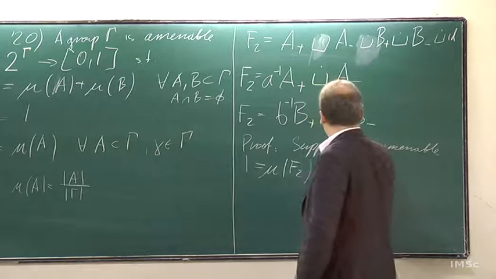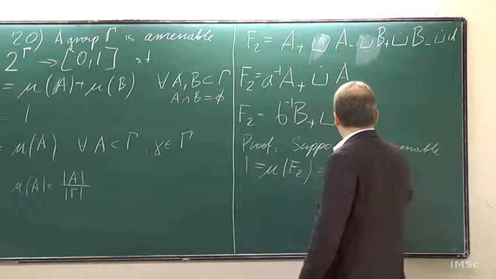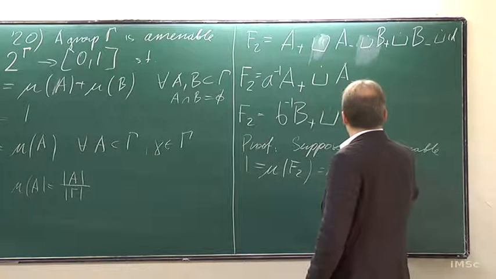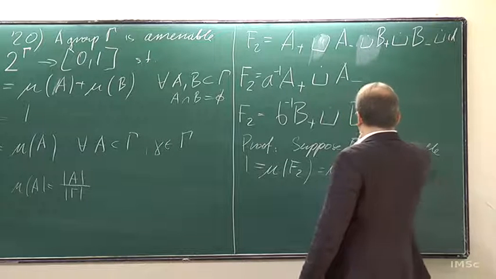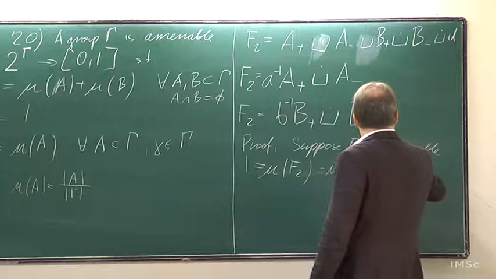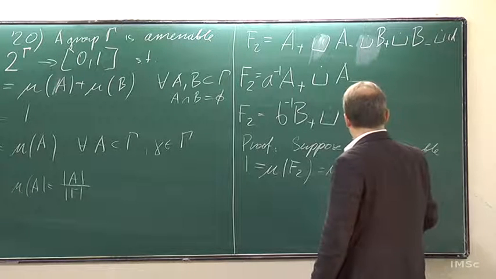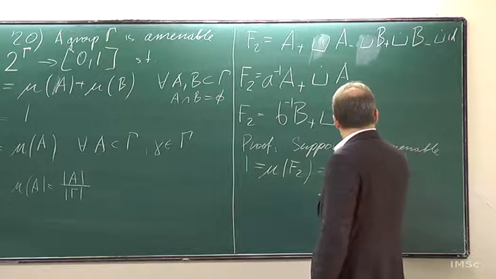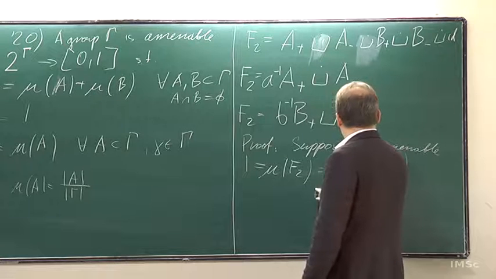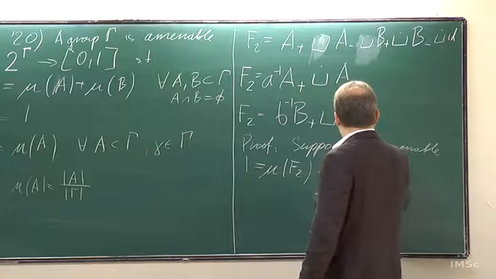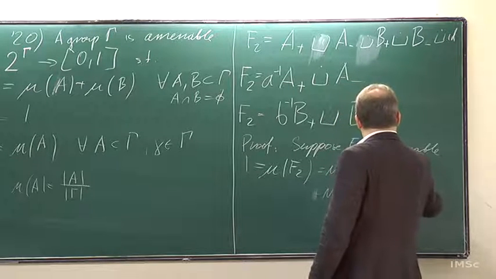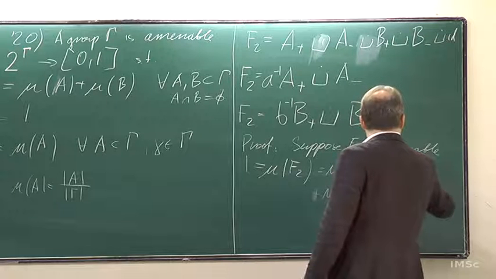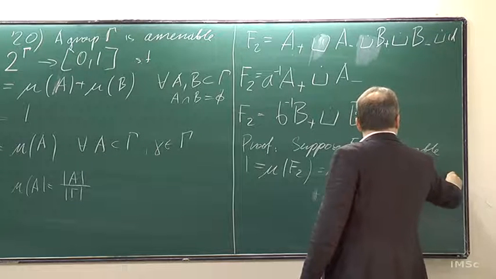So from this property, it would be the sum of mu of A plus, mu of A minus, plus mu of B plus, mu of B minus, and plus mu of identity.